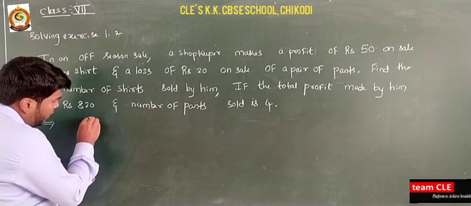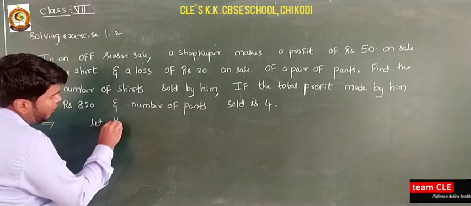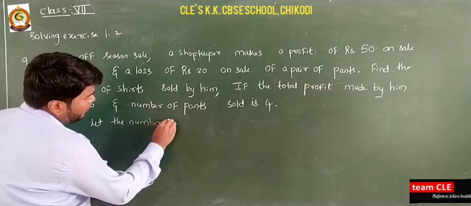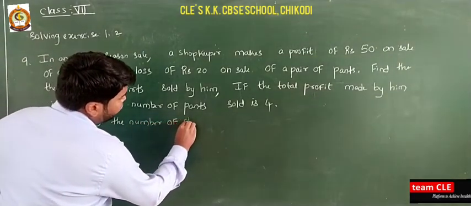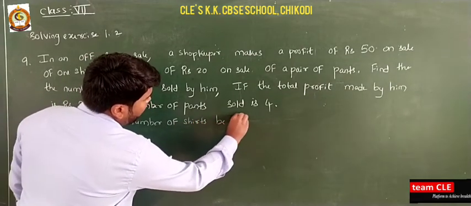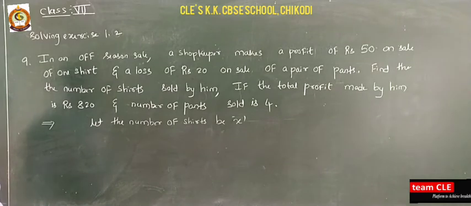Just I write: let the number of shirts be X. Similarly, next, profit on each shirt.